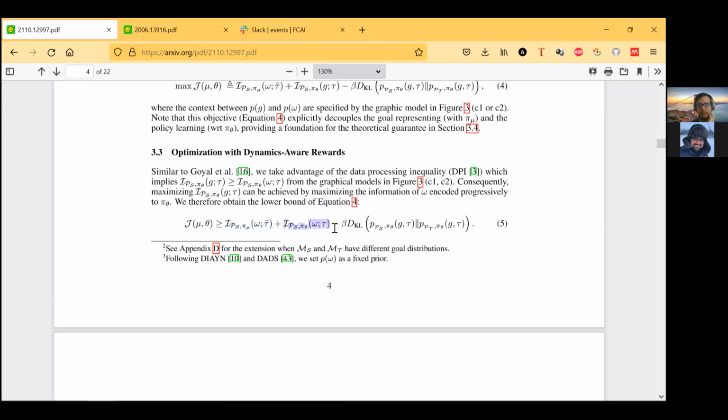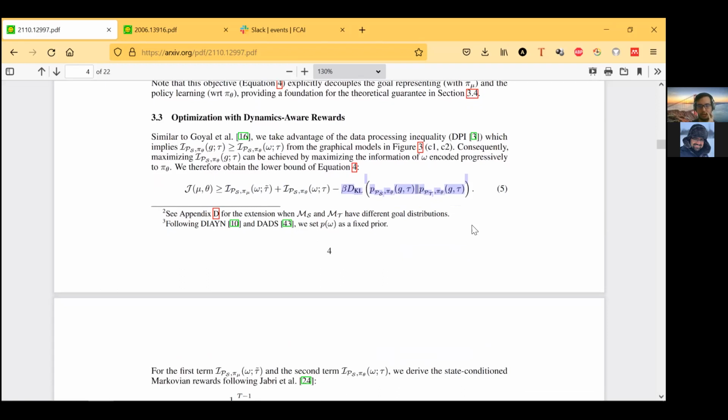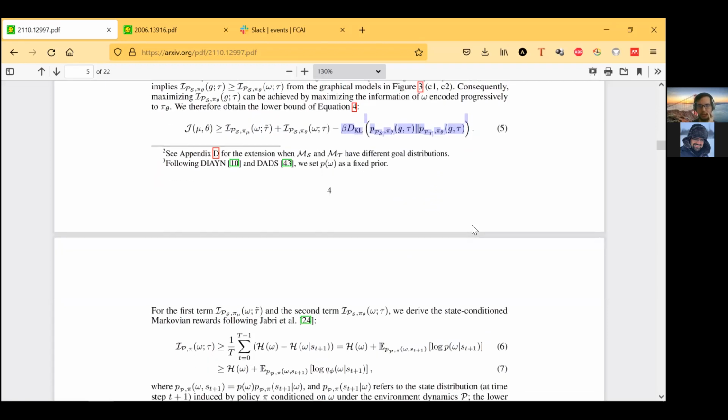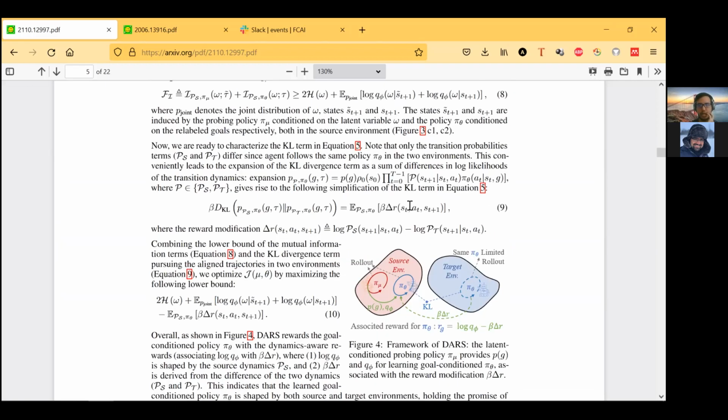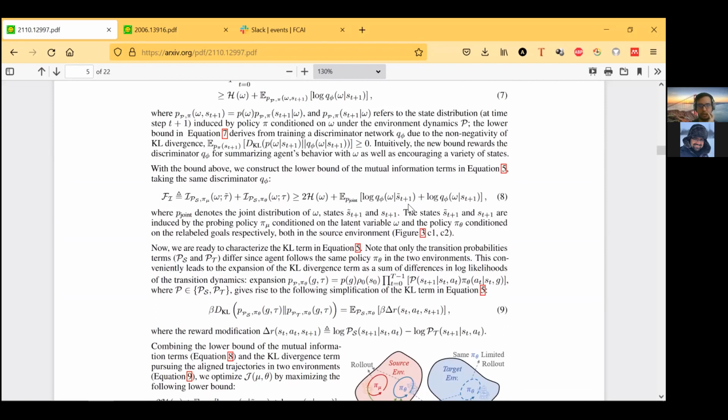And the last thing is to have something that you can phrase as a reward function for this last part. And so for this last part, which is the KL divergence between trajectories executed in the source and the target environment from the same policy.